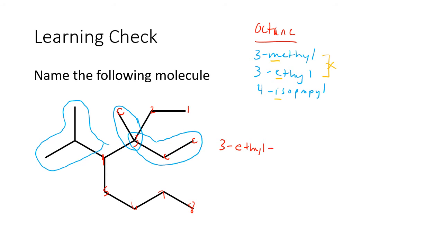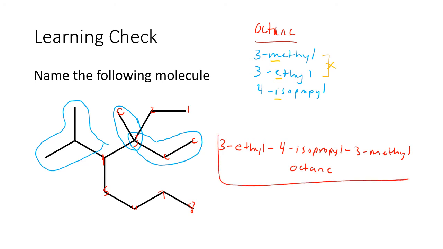Next in our listing comes I for ABC order, so 4-isopropyl. Next comes M, 3-methyl. And then I'm out of room, so I'm going to write below. We add our octane, O-C-T-A-N-E. So the full name of this molecule is 3-ethyl, 4-isopropyl, 3-methyl octane.